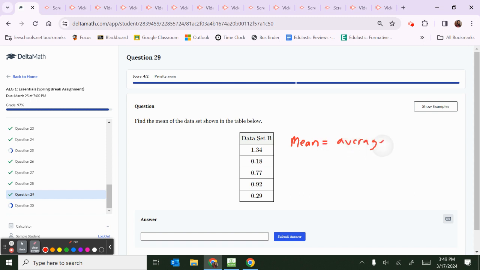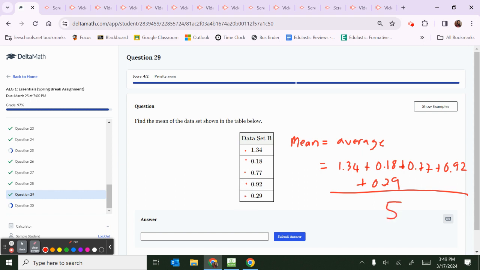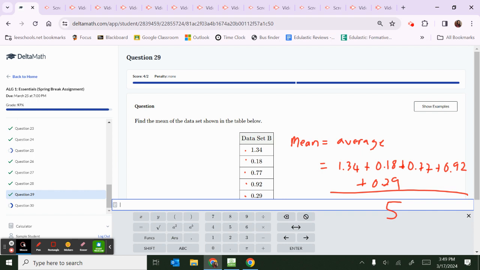You do your total amount, everything added up together: 1.34 plus 0.18 plus 0.77 plus 0.92 plus 0.29, and divide all of that by the total amount of things: 1, 2, 3, 4, 5 things.